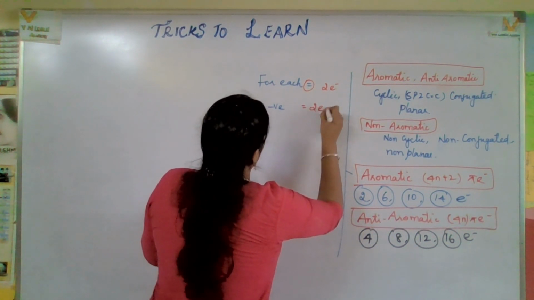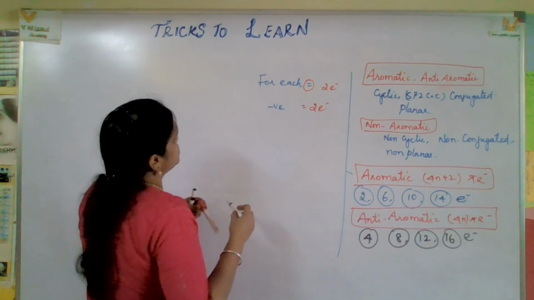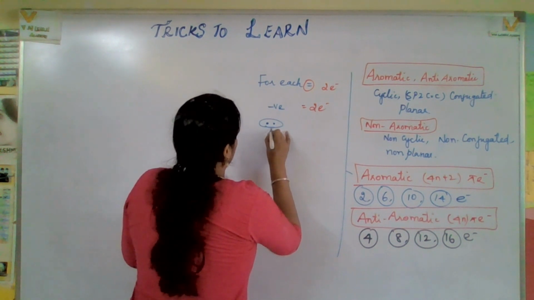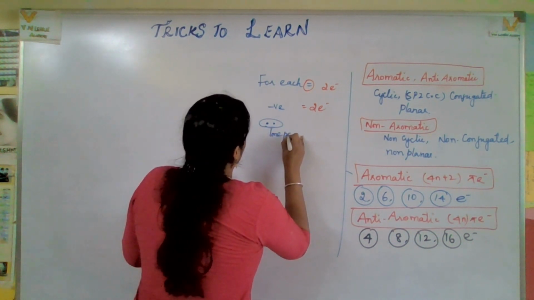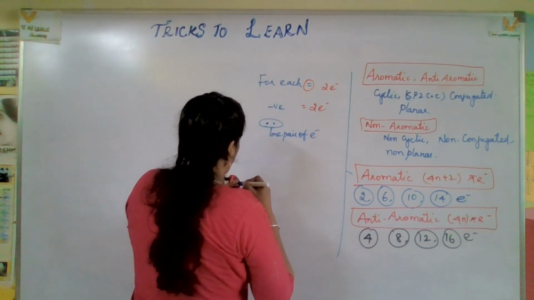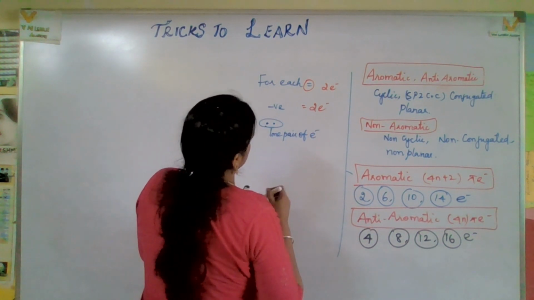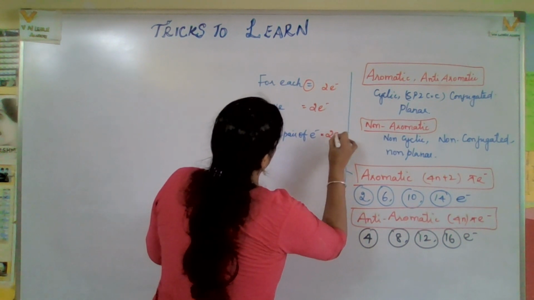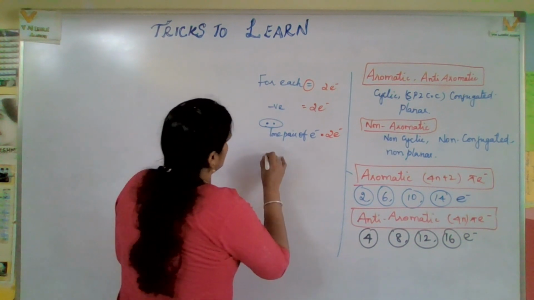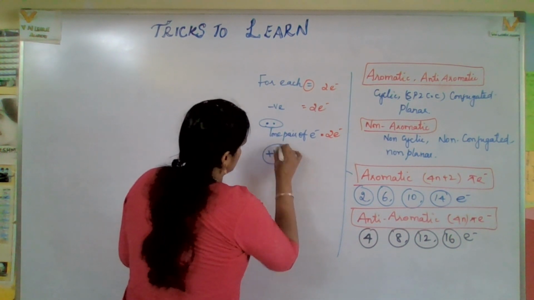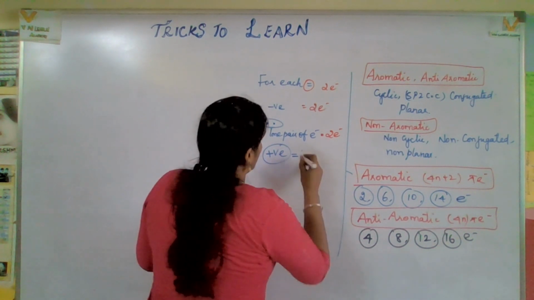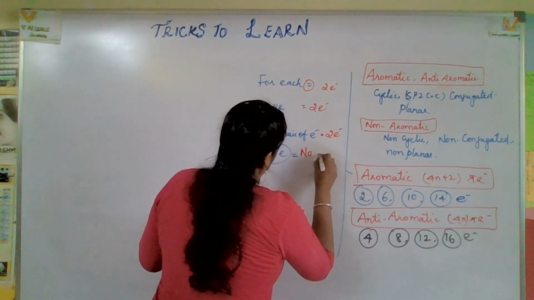A lone pair of electrons is also 2 electrons, you have to add 2 electrons. And a positive charge means no electron. Please note it down, no electron.